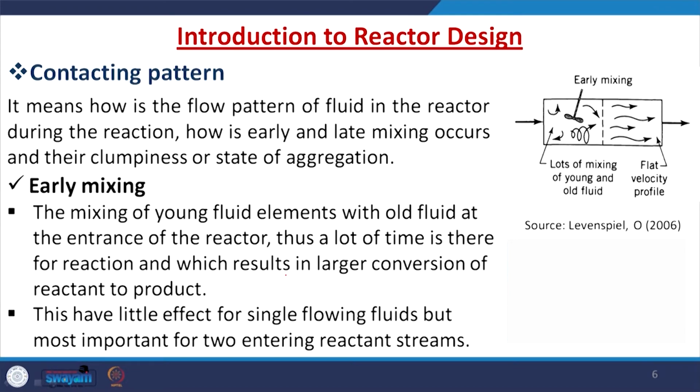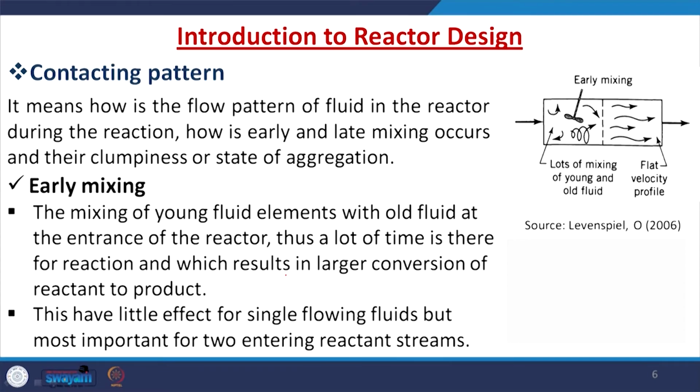It means how the flow pattern of fluid in the reactor during the reaction. Now, this fluid may be your reactants, this fluid may be the combination of the reactant, byproduct and the product stream. So, this thing should be in your mind, and how early and late mixing occur and their clumpiness or the state of aggregation.